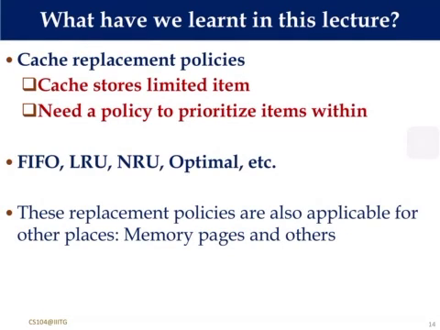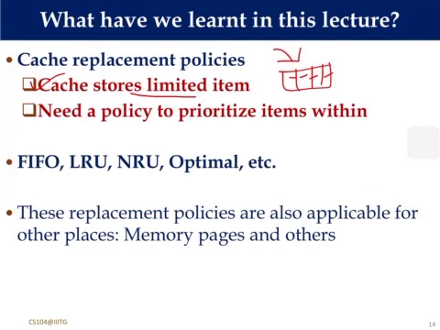So what we have seen is essentially the cache replacement policies. As the cache stores limited data, its size is limited, so eventually it will become full, depending on the processor's request.